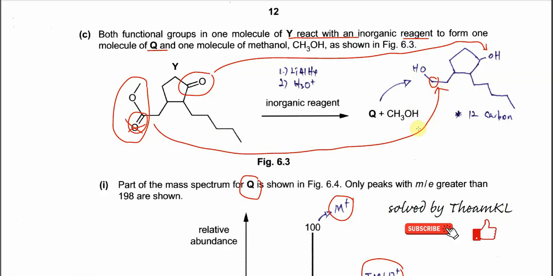I hope you can see. And of course, this one needs to break. Means the methyl group and the O here must break. The methyl group will form this methanol, and the O here will form the OH, the hydroxyl group. This is how the reaction should be, but you don't really need to understand this reaction because it's not in your syllabus.